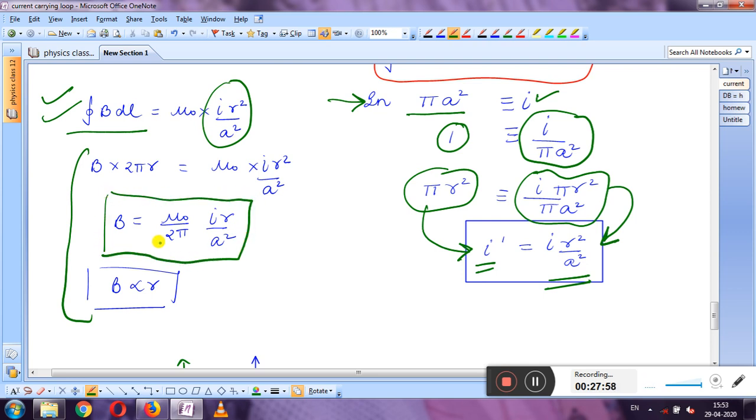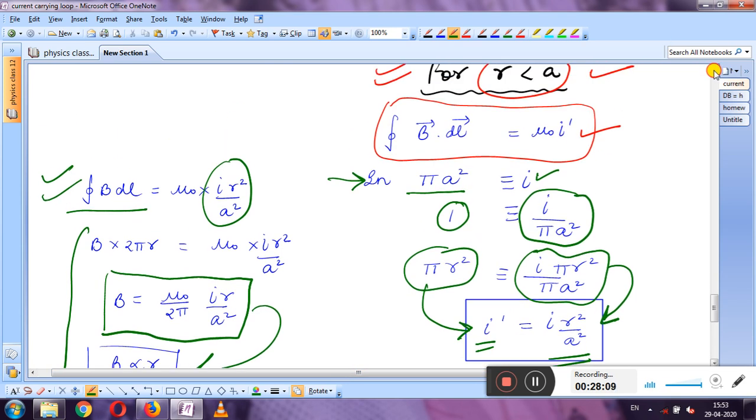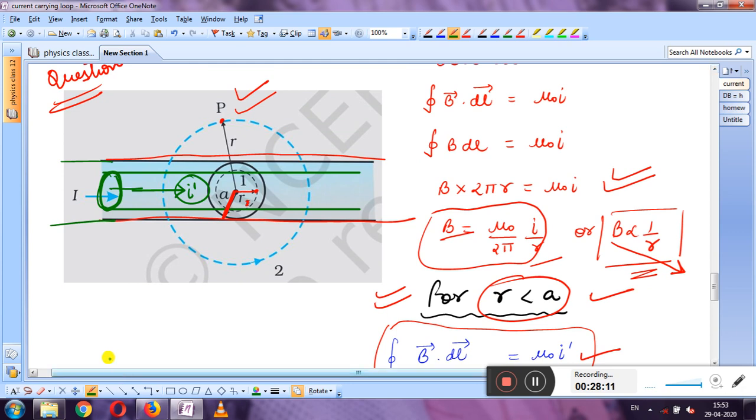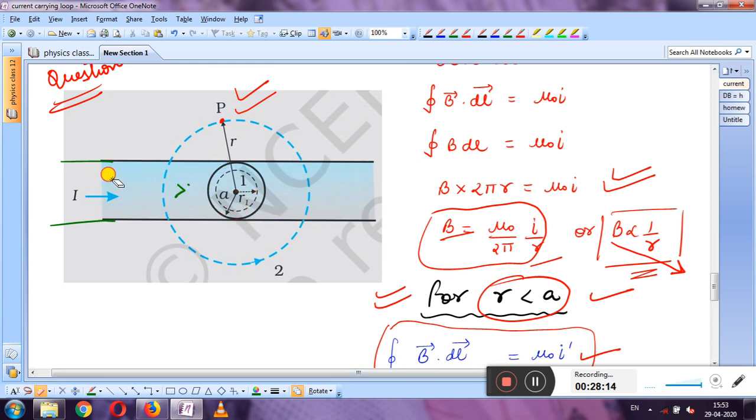upon a square. From this expression you can see that the relationship between B and r is they are both directly proportional to each other. Now what is the meaning of directly proportional to each other? Try to understand here. I will explain you with the help of a figure. Suppose this is the center of the wire.